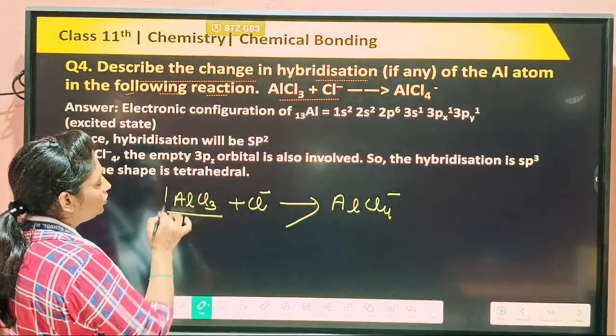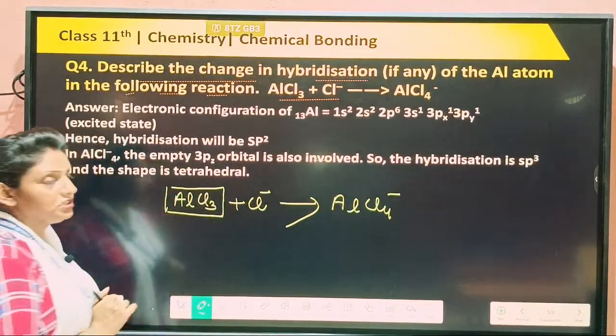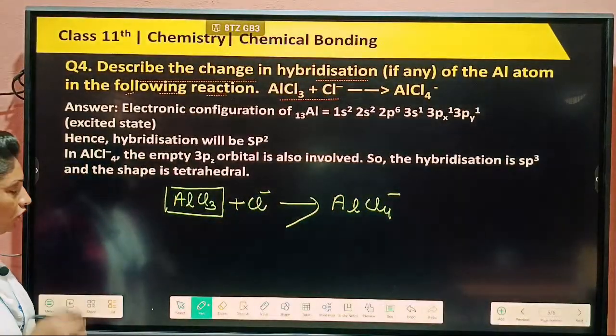So here you can see first the hybridization in aluminium chloride.